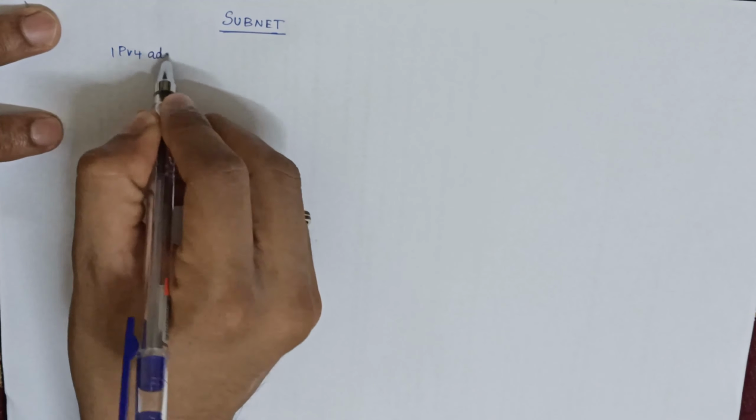This 32 bits, we call it 4 octets. 1 octet equals 1 byte, which is equal to 8 bits. For example, if you take this IP address 10.0.0.0, each part has 8 bits, so 8 plus 8 plus 8 plus 8, 32 bits.